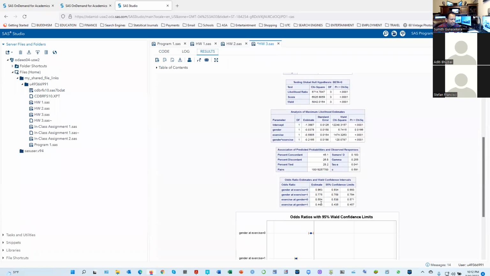Now I'm going to say, with respect to gender, the exerciser at gender 0. Exerciser at gender 0, 0.554. Gender 0, but exercise at gender 0, 1.